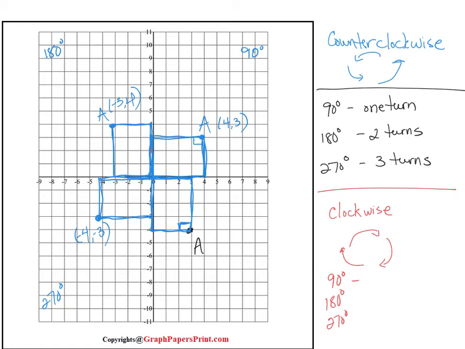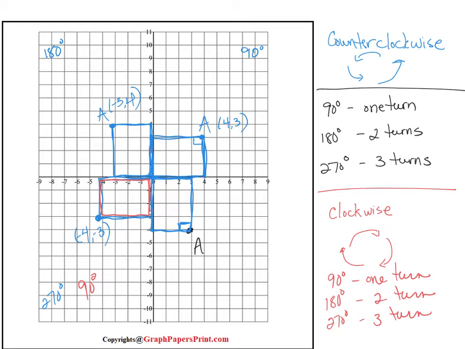And even though I'm going clockwise as opposed to counterclockwise, 90 degrees is still 1 turn of the rectangle, 180 is 2 turns, and 270 is 3 turns. So let's start with point A again, but this time we're going to go 90 degrees clockwise. So that's going to put me right here.